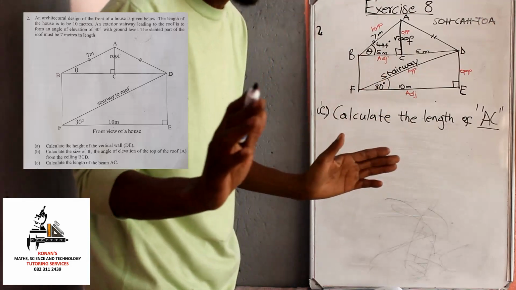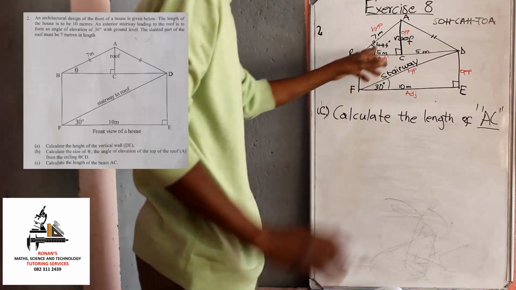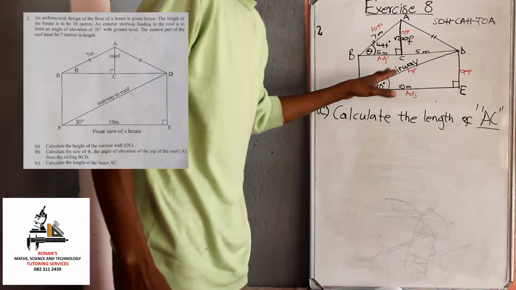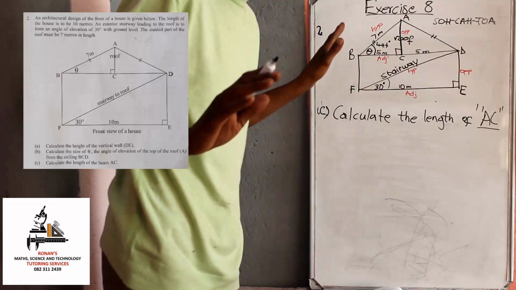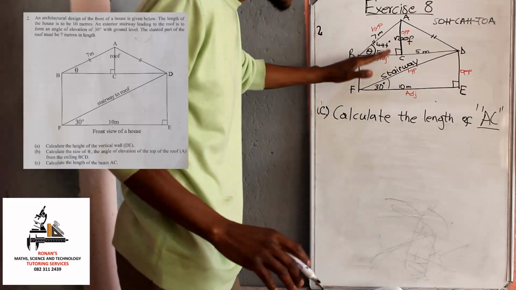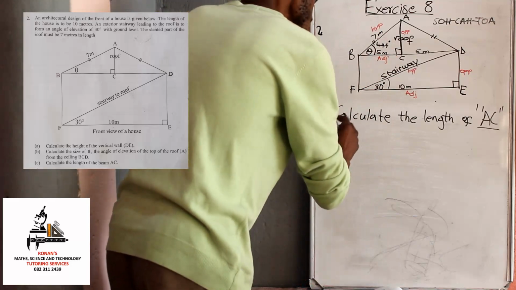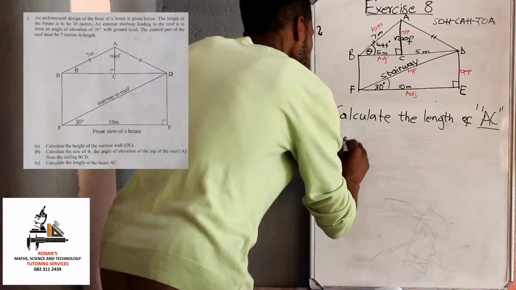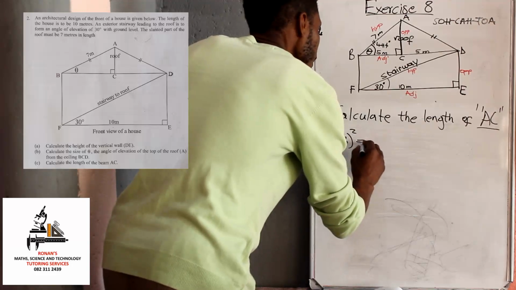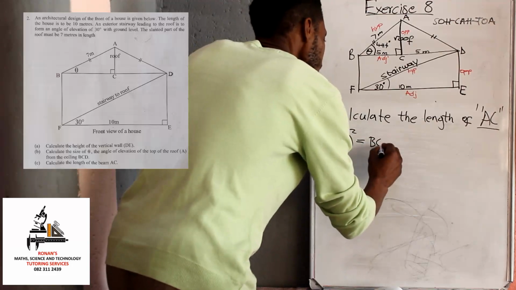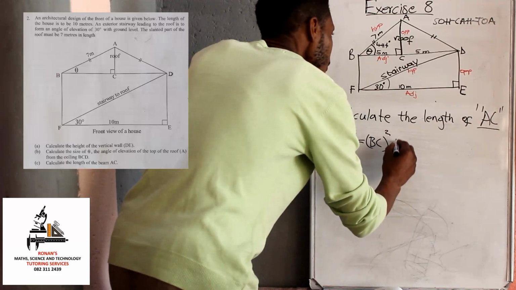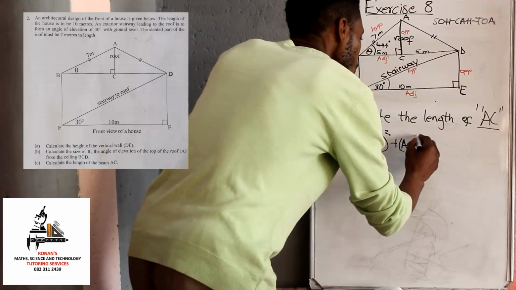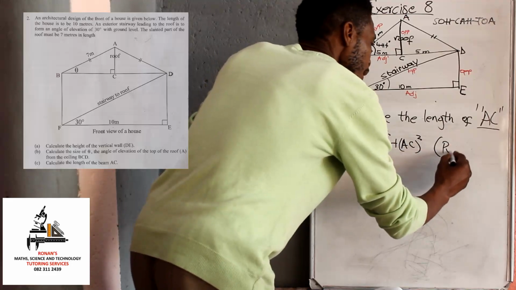Like I always say, don't complicate things. Don't use that angle that you just calculated, which has got a rounded off figure, because it's going to bring in a percentage of error. Rather use these whole numbers, and therefore that would mean my AB squared is equal to my BC squared plus my AC squared, and this is because of Pythagoras.